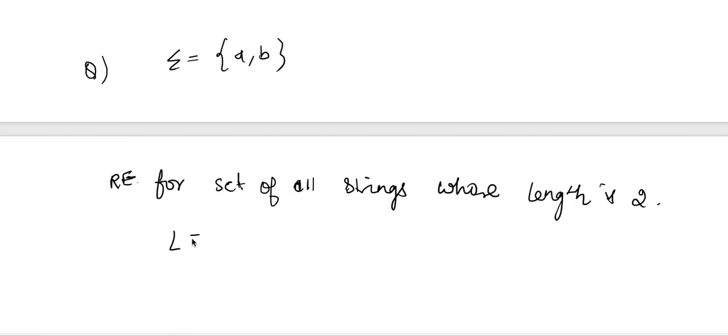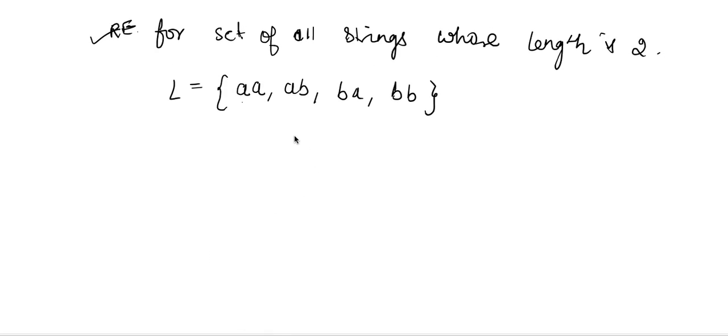So let's check what the language will be for it: aa, ab, ba, bb. Okay, so this is the language for this particular question, every string of length 2 with the help of input alphabet a, b.